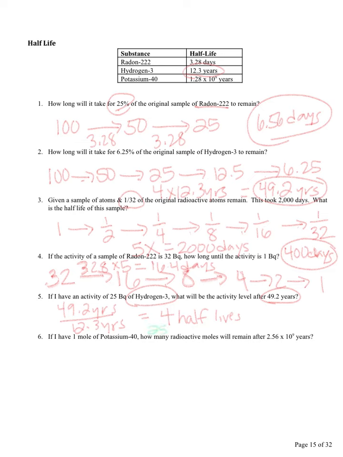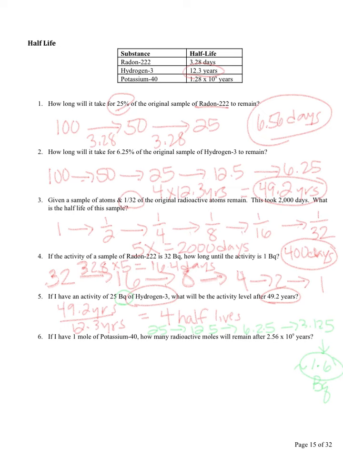So 25 goes to 12.5, 6.25, so that's 2 decays, 3.125. I'm going to get lazy here and say about 1.6, okay, because I'm getting a lot of decimals. And so this is 1, 2, 3, 4 decays, so about 1.6, and the unit with it is this becquerel, because that's what we started with.